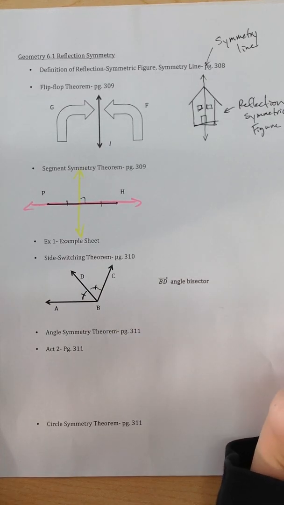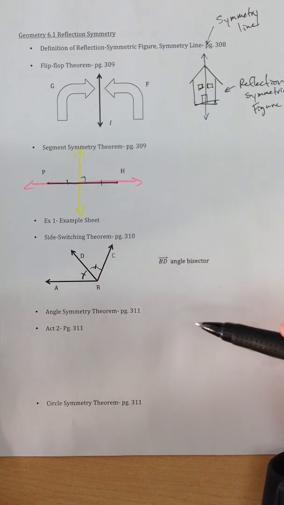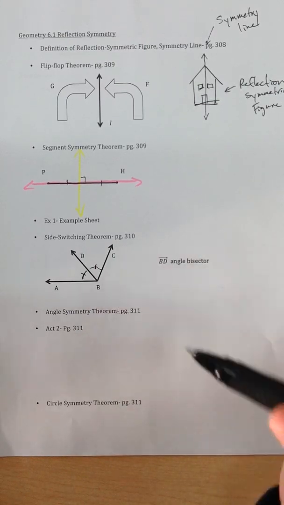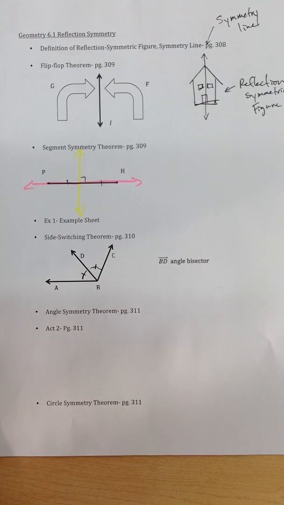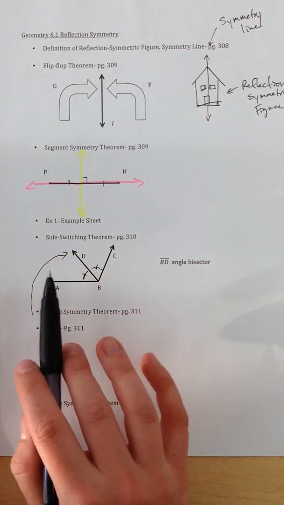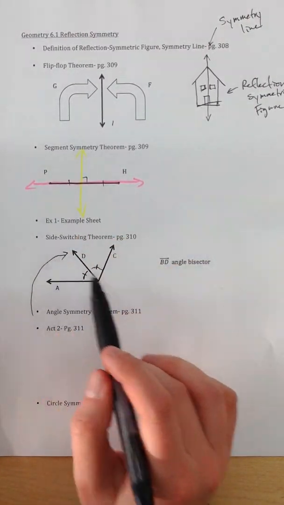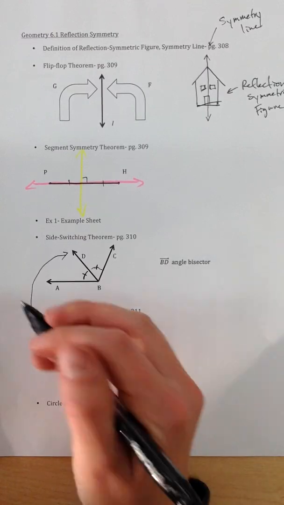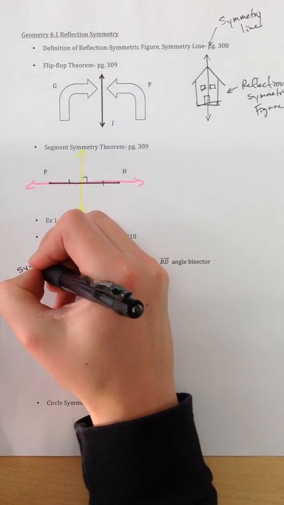Okay. Now the next one here, angle symmetry theorem, kind of goes right along with this side switching theorem. So it says the line containing the bisector of the angle is the symmetry line for the angle. So what this one is saying, and I'll just draw an arrow up here, is if this line here is an angle bisector, which we know it is, it's also a symmetry line.